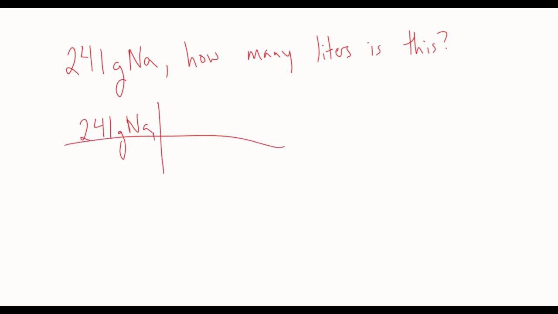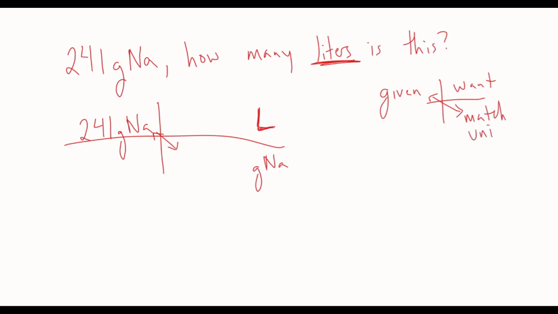Okay, diagonal matches, so we get grams of sodium on the bottom, and liters is what we want, so liters goes on top. Just a quick refresh on these boxes. Top left is given in the question, top right is what the question wants, and then diagonal, you match up the units. Okay.